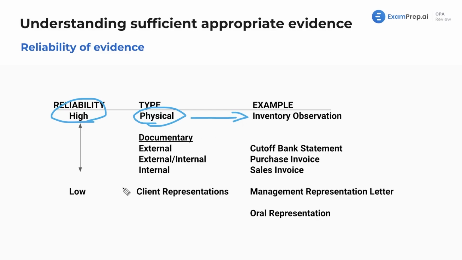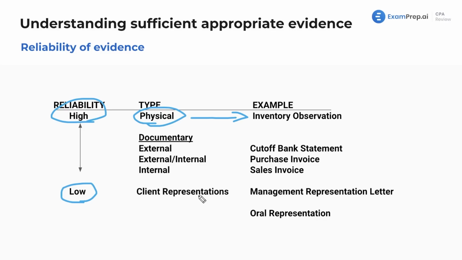Now, on the complete opposite of the spectrum, we've got the lowest reliability of audit evidence, which would be client representations. This is technically audit evidence, although it is not as reliable because it's just someone saying something. And yes, while that is great because you can hold them liable for it, they've said it, most people aren't going to lie, right?